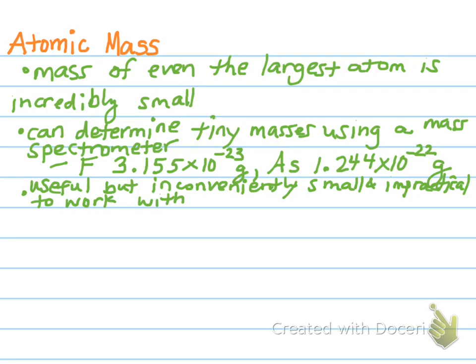So scientists, chemists in particular, really don't want to work with these tiny little numbers. As a result, chemists thought about it and tried to come up with a way that they weren't dealing with tiny numbers.